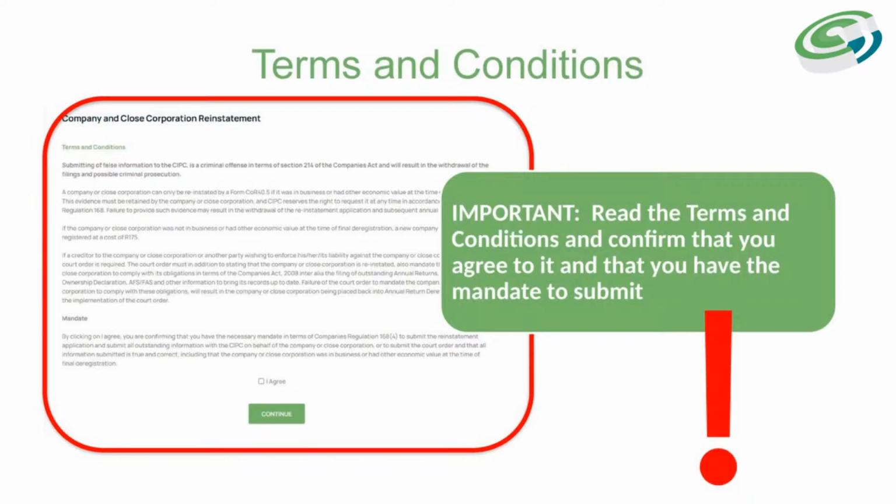I've put emphasis on some elements, for example, you must have been in business at the time of final deregistration. Submitting false information to the CIPC is a criminal offence. We will revoke the transactions. There are also the conditions for a court order, and of course, whether the person has got the mandate.